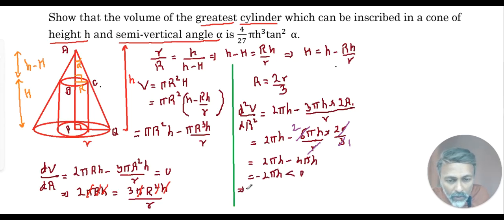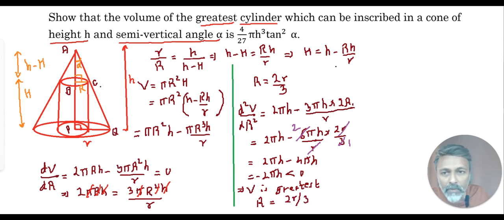So we can call now V as greatest. V is greatest or maxima when r is equal to 2R upon 3. Let us substitute this r as 2R upon 3 here in this relation, and let us get h.